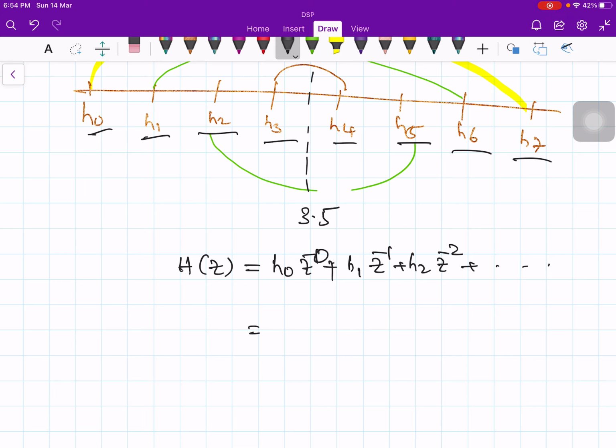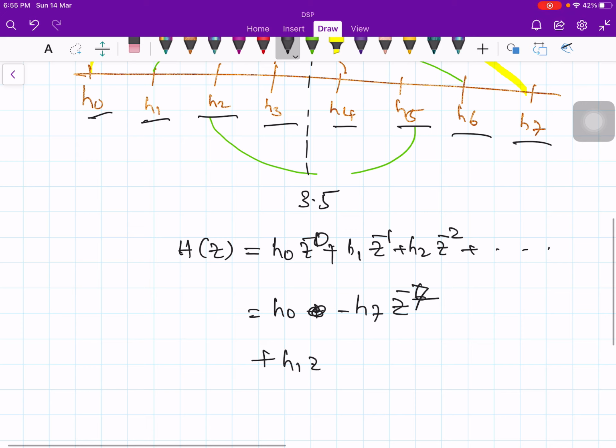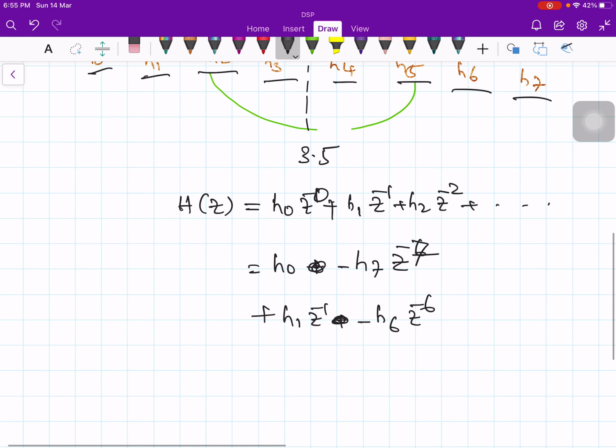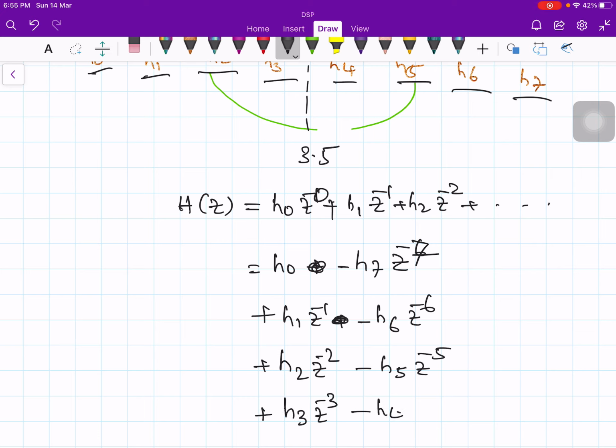Then you will have h0 plus minus h7 times z to the minus 7, then plus h1 z inverse plus minus h6 z to the minus 6, plus h2 z to the minus 2 minus h5 z to the minus 5, plus h3 z to the minus 3 minus h4 z to the minus 4.